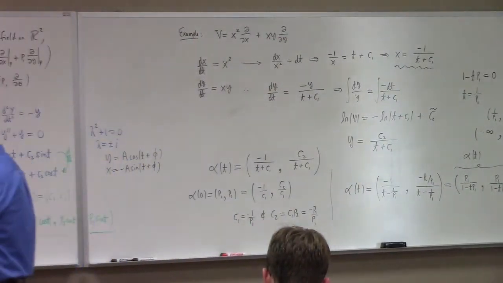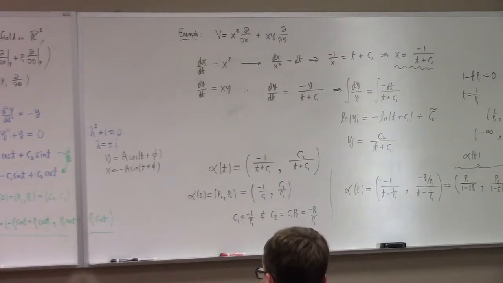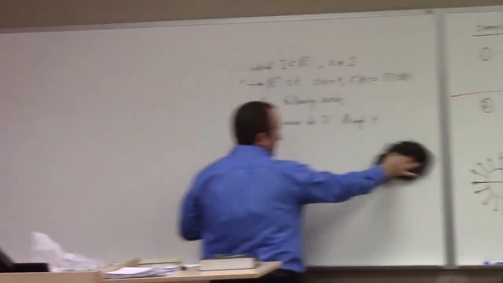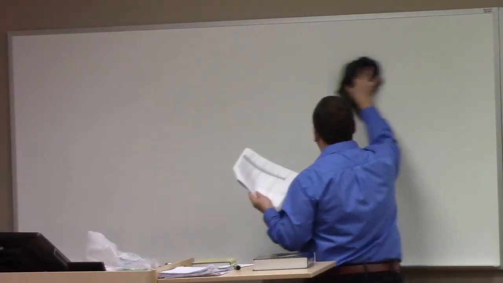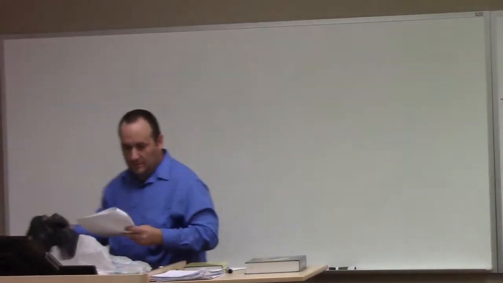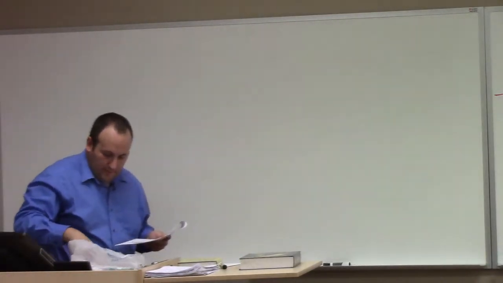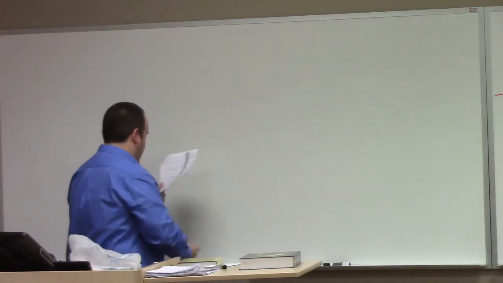I think we'll come back to this idea eventually. Again, a vector field is called complete if you can find an integral curve defined on the whole reals.